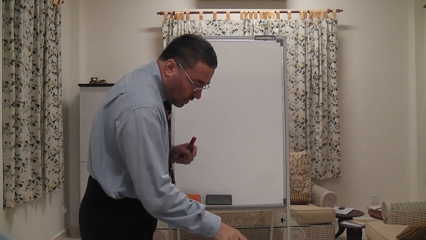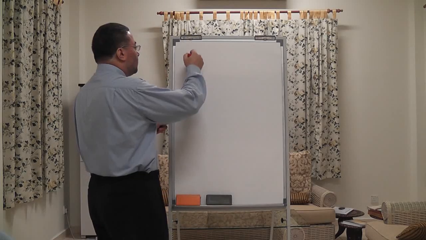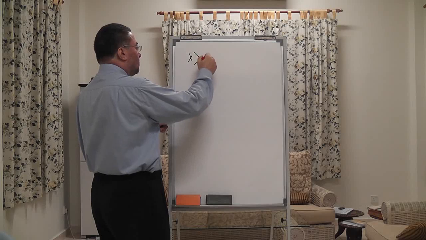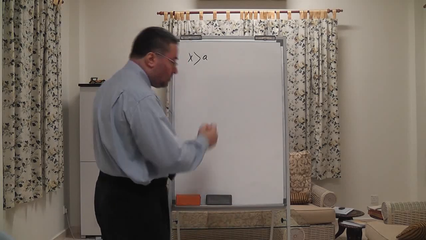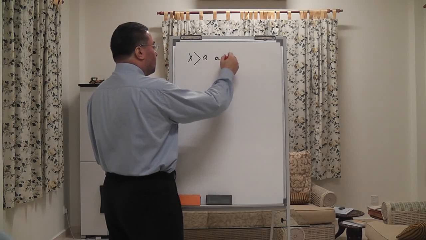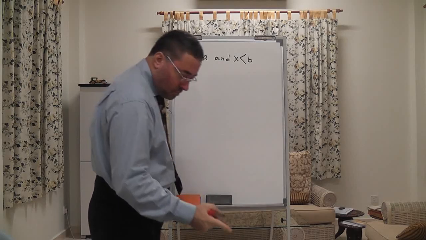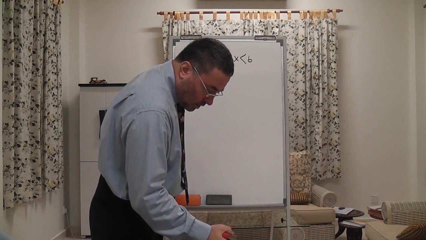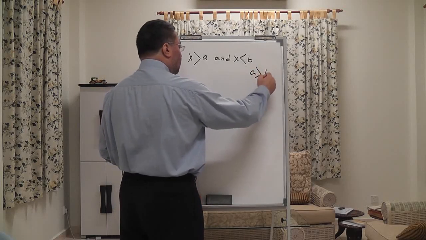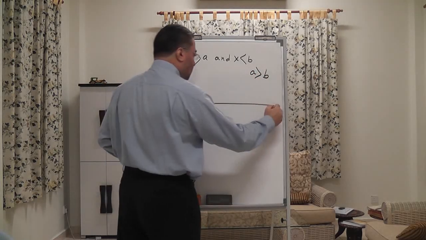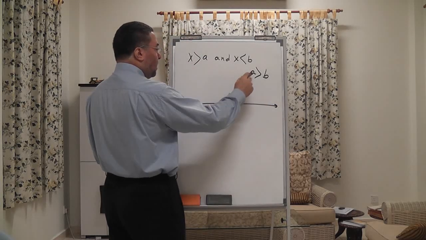Number 49, graph the solution set for x more than a and x less than b. And here a is more than b.